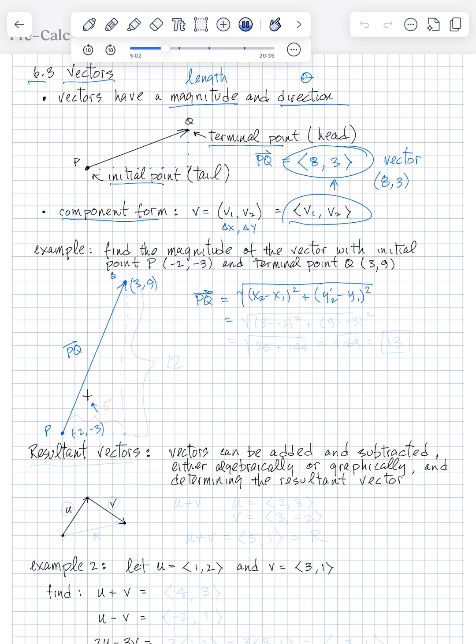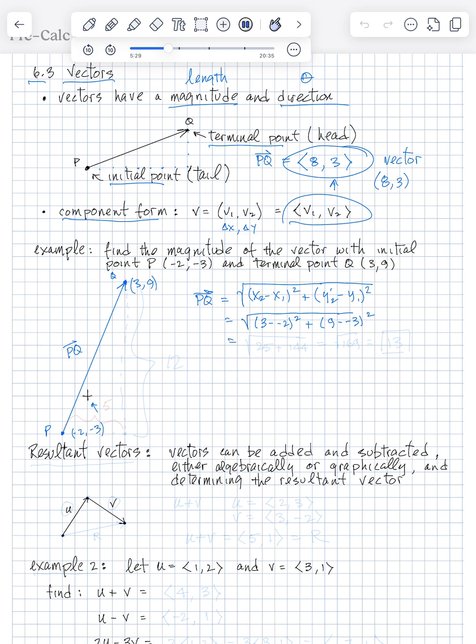You don't have to, but it's easier to remember it that way. So this is 3 minus -2 squared plus 9 minus -3 squared.